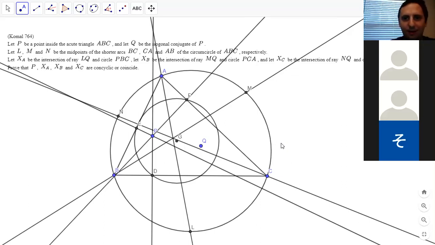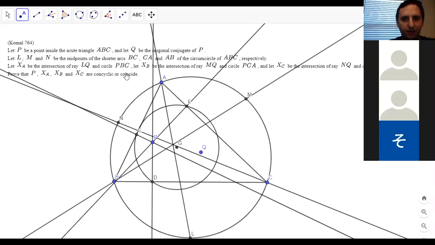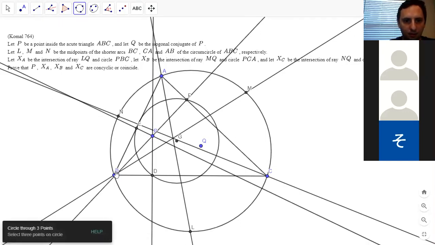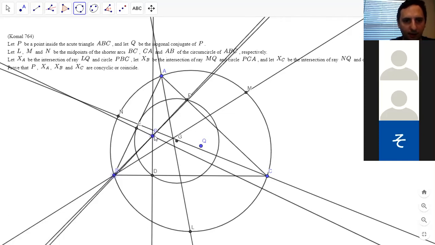So L, M, and N are the three points. So then we draw the circles PBC, PAB, and PAC.